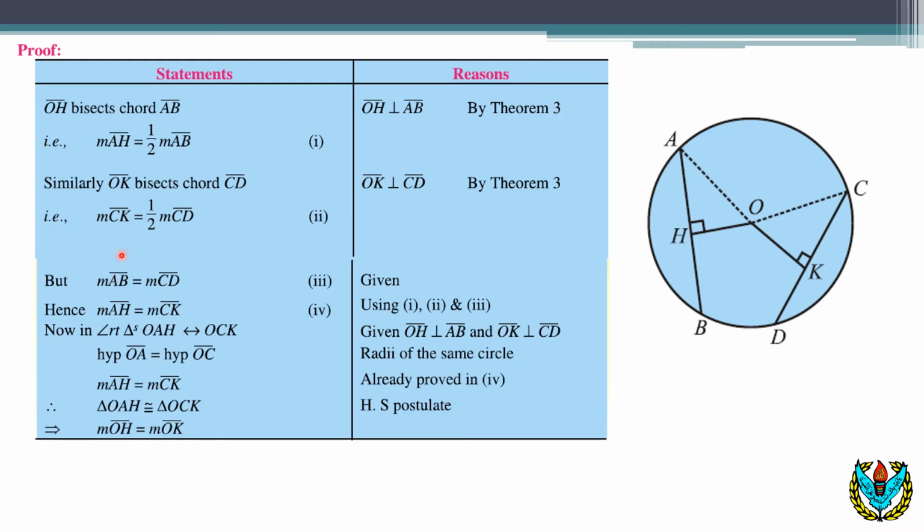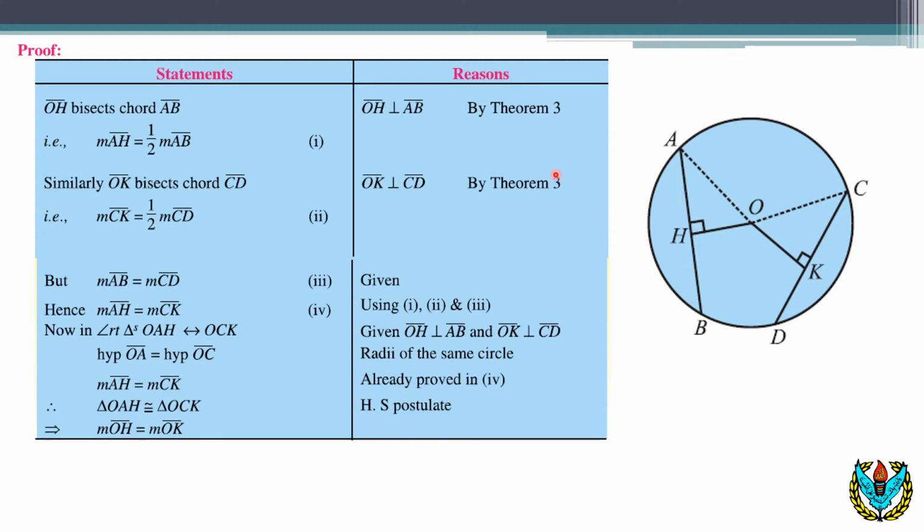It means AH is the half of AB. We will not write by theorem 3, we will write the statement of the theorem that perpendicular drawn from center to a chord bisects the chord. In book it is written as by theorem 3. You will not write it like this, you will write the statement of theorem number 3.